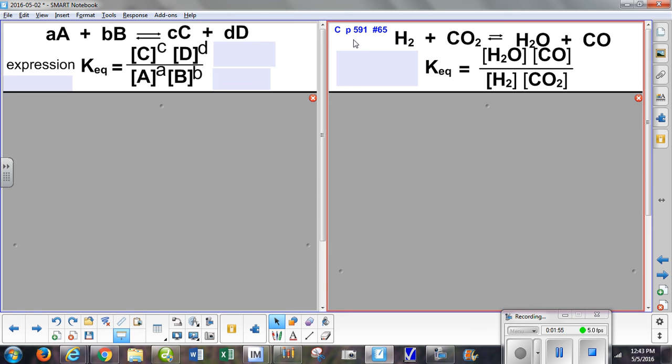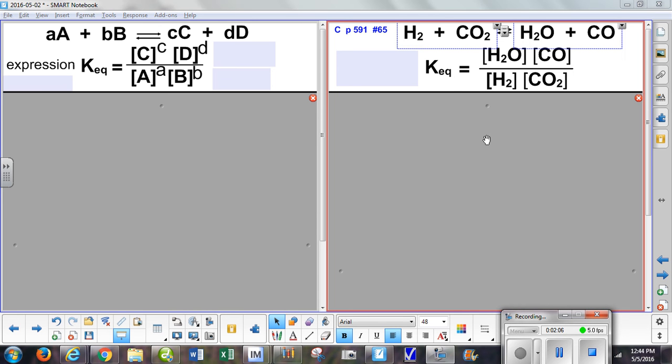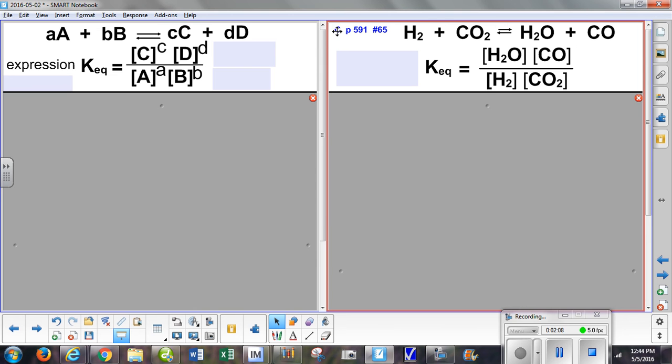Page 591, number 65. So here's the balanced equation that is represented in that. The balanced equation that you see over here on the right is what this is actually talking about.